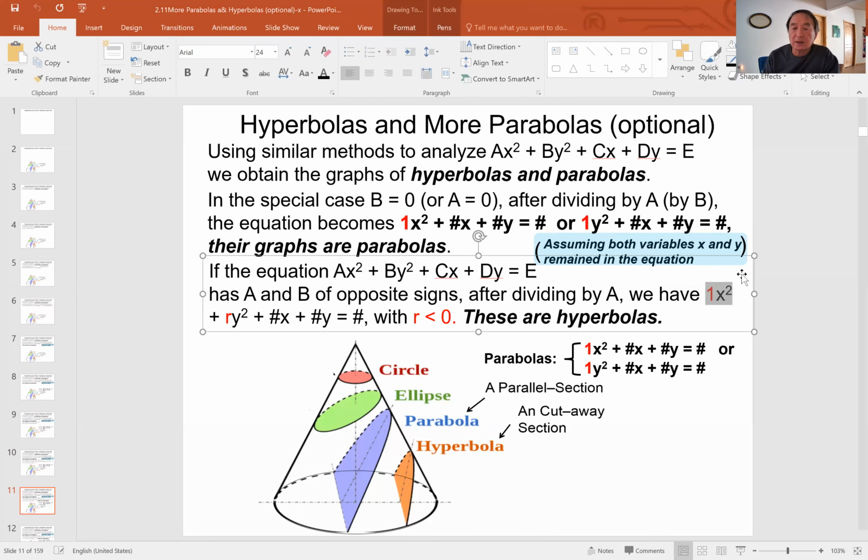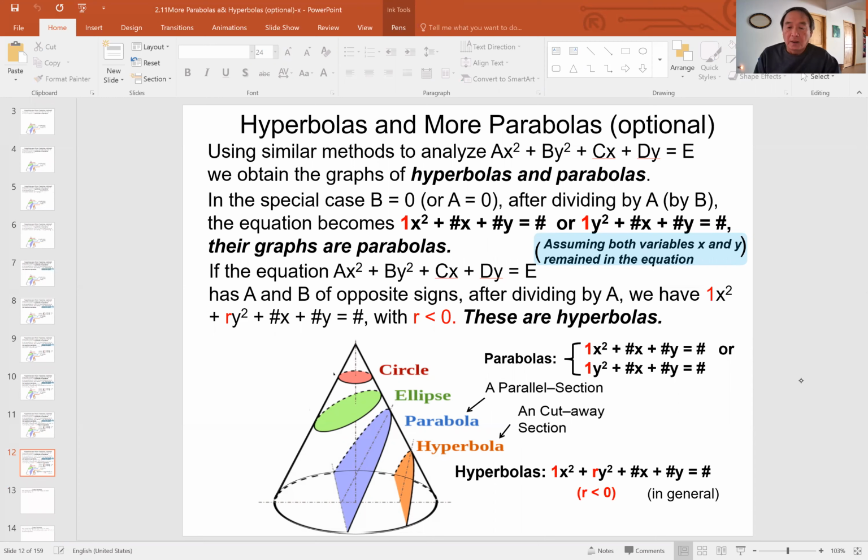So, we normalize x squared to be 1. Then the number in front of the y squared will be a negative number. I write it as a plus r, where r is a negative number. Okay. In such a case, then these are hyperbolas.